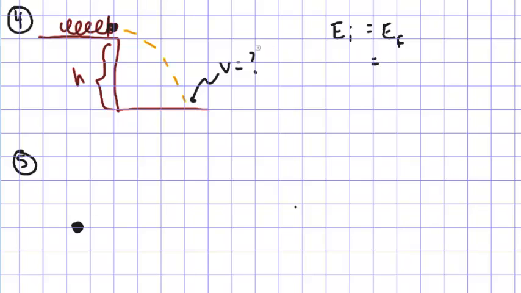But the initial energy is composed of two types of energy. You have to be able to see them both. There's some stored energy in the spring, some 1/2 kx squared. But there is also some gravity energy, stored gravity energy.